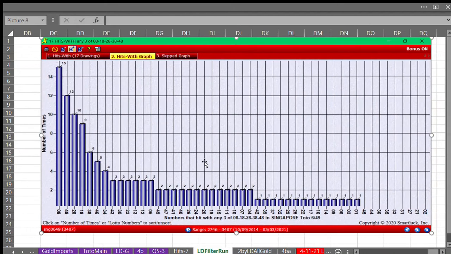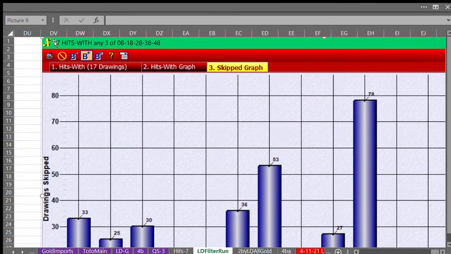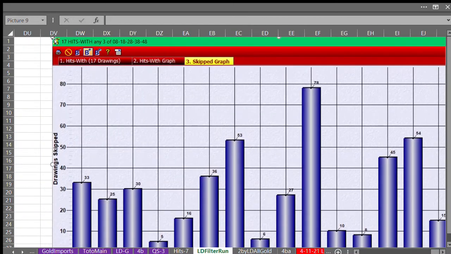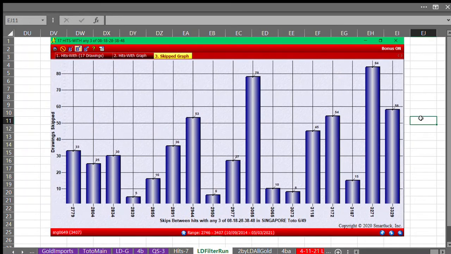And then finally, this is the hits, and then the last is the skip graph. So we look at the skip graph over here. We'll shrink this too. So we shrink it. So this is a skip 83. Here's a skip. It looks like a 77.